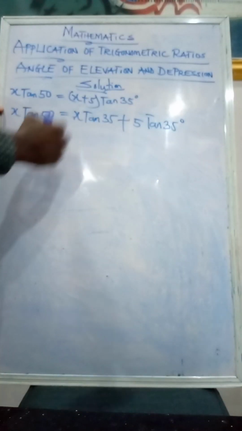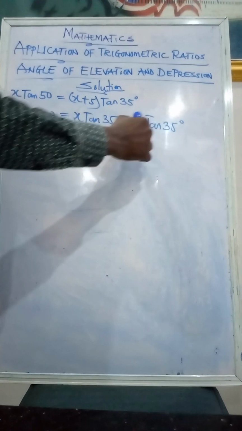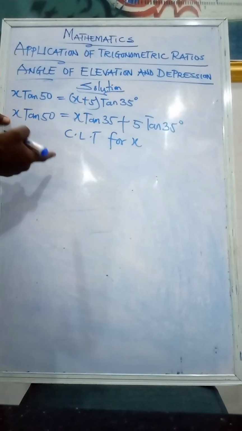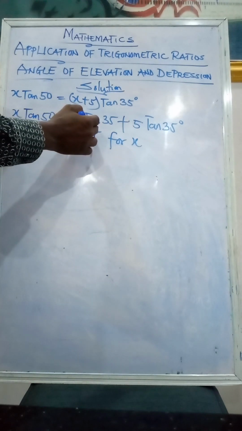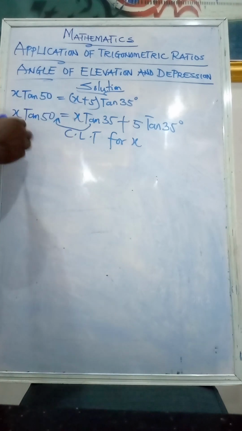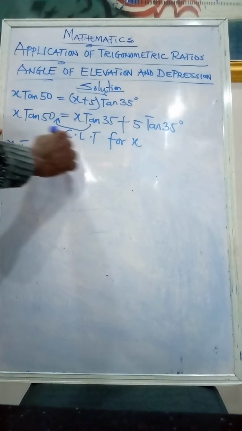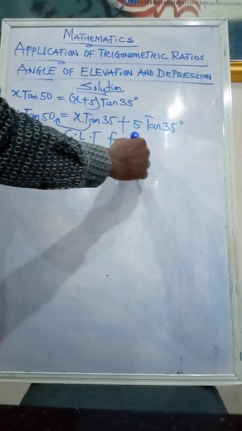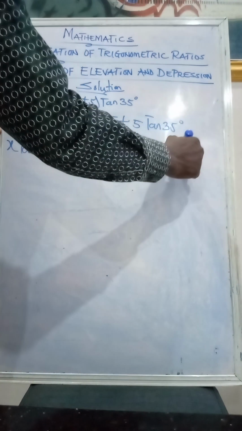So I'll collect like terms for X. X is here, X is here. So I'm bringing X tan 35 to this place. We are going to have X tan 50 minus X tan 35 equals, I'll be left with 5 tan 35.